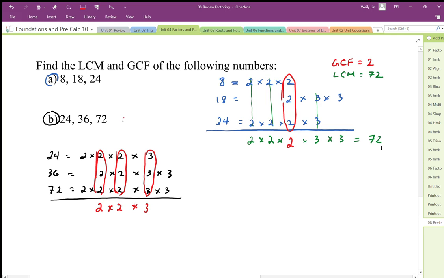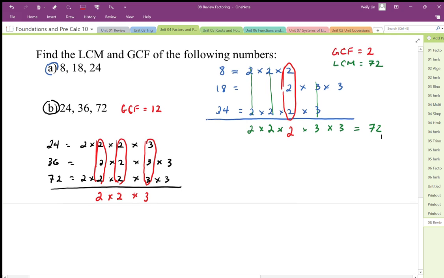So GCF works out to be 12. So the biggest divisor that divides into all three numbers is going to be 12. Many of us can probably see that the biggest number that divides into all three is going to be 12.